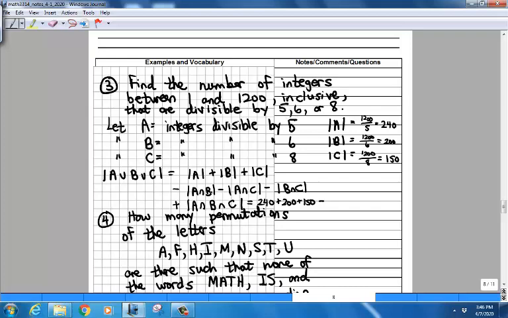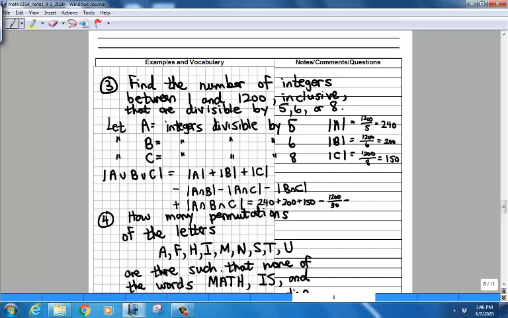So the intersection of A and B is just going to be all the numbers from 1 to 1200 that are divisible by 30. That's pretty easy to calculate. That's going to be 1200 divided by 30. So that we have to subtract off.